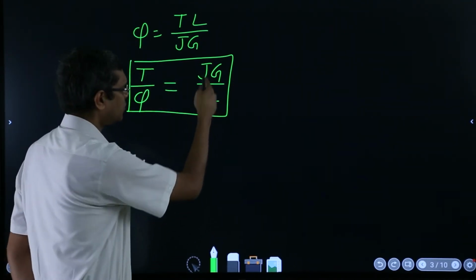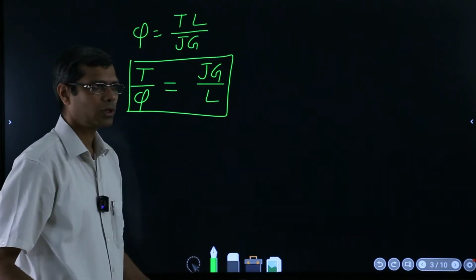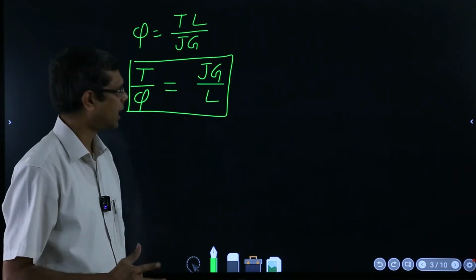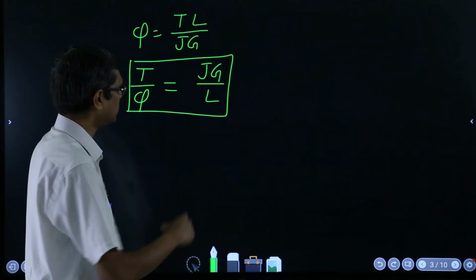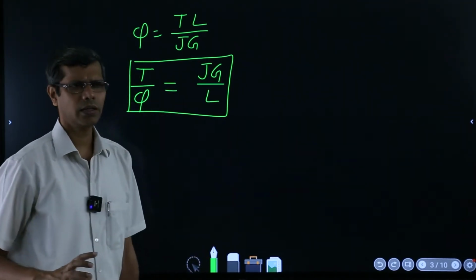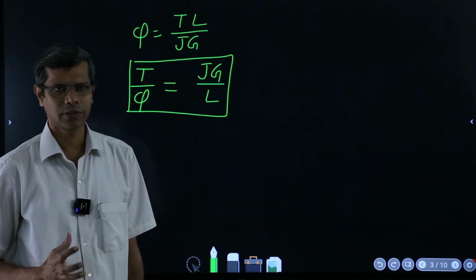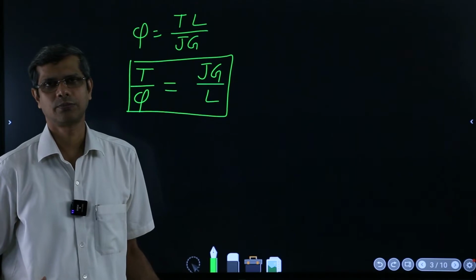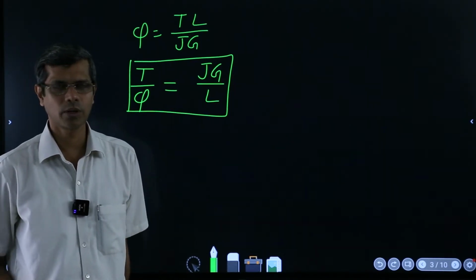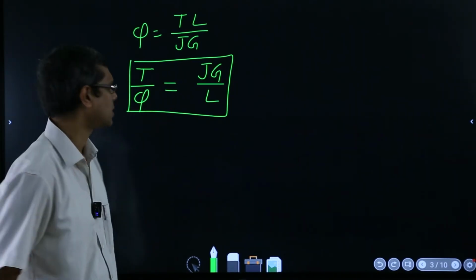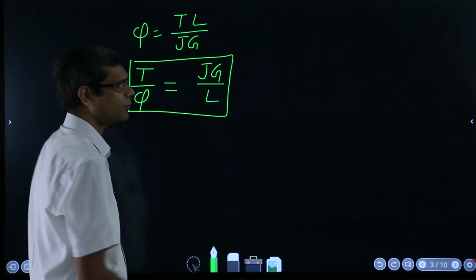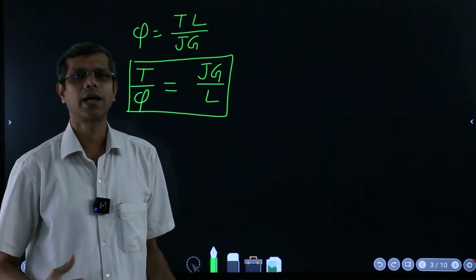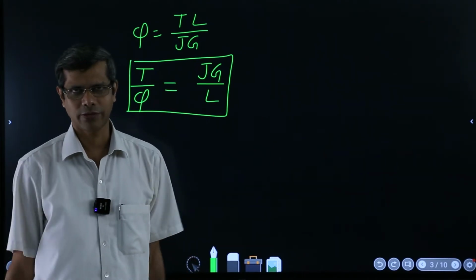Again, it's very intuitive if you think. The polar moment of inertia, the distribution of area about the axis, is J, and the more this value is, the stiffer the shaft is, right? Similarly, if you go for a better material which has a higher shear modulus, it will become more stiff.